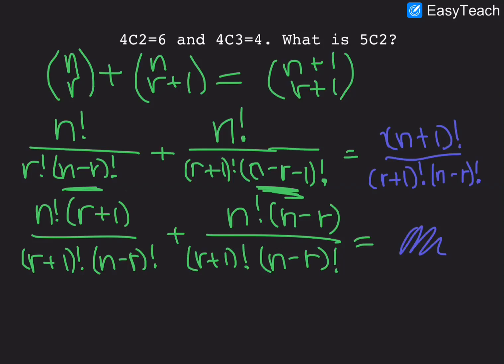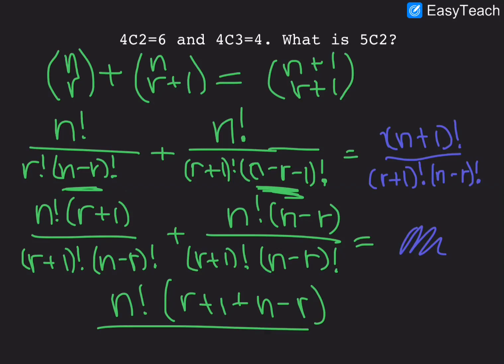Then we can combine these two to get n factorial times r plus 1 plus n minus r over n minus r factorial times r plus 1 factorial.